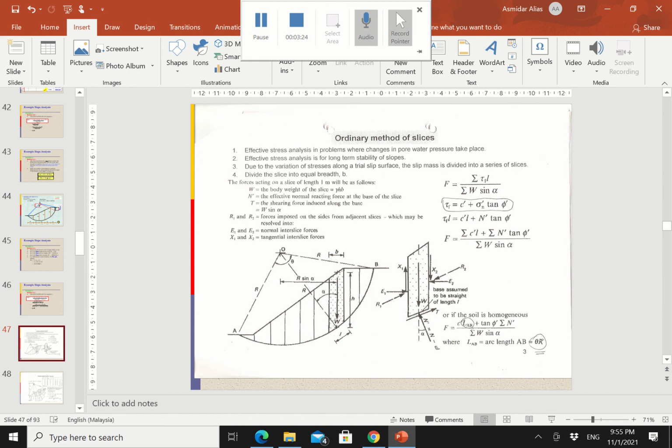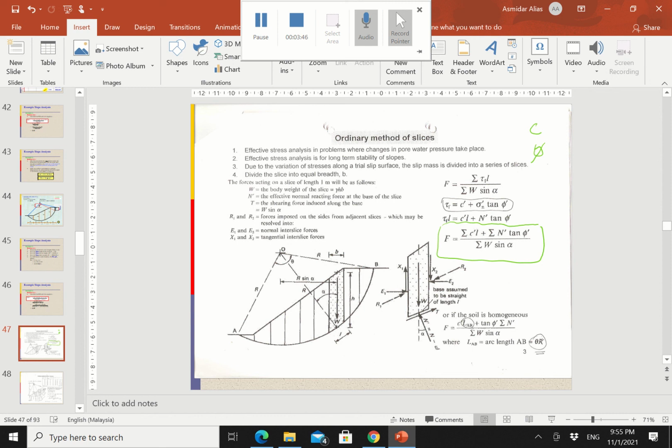When we consider effective stress analysis, normally we are dealing with soil having both properties of C and properties of Phi. In that case, we need to use this general equation to calculate FOS.